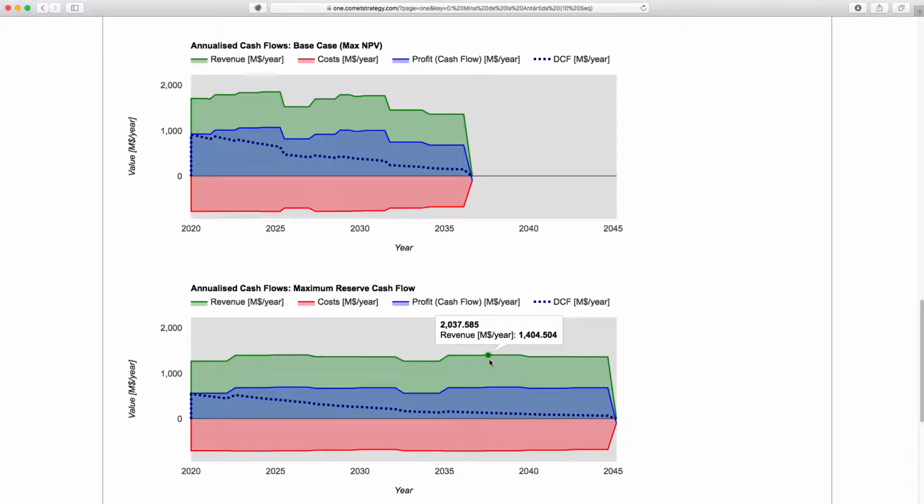Now, what you can also see is that the revenue is fairly consistent with this second plan. So $1.3, $1.4 billion of revenue each year, whereas with this other one, we're actually seeing some peaks of around $1.8, $1.9 billion. And although we drop down sometimes to 1.5, we're on average much higher revenues in the early periods.